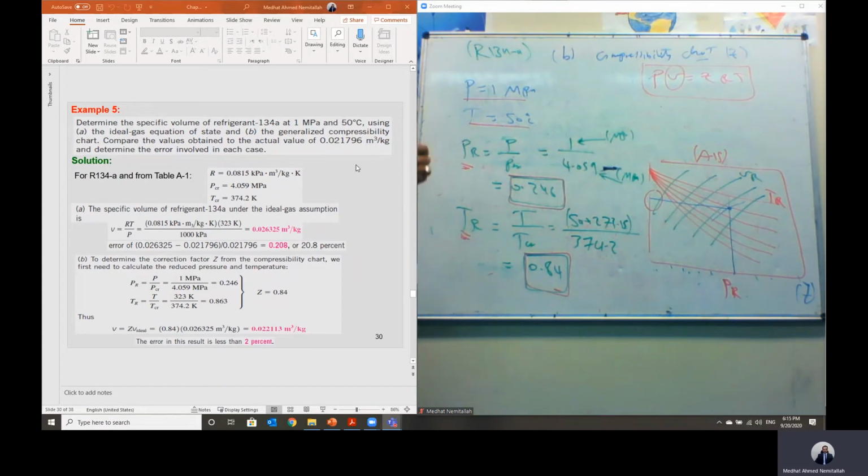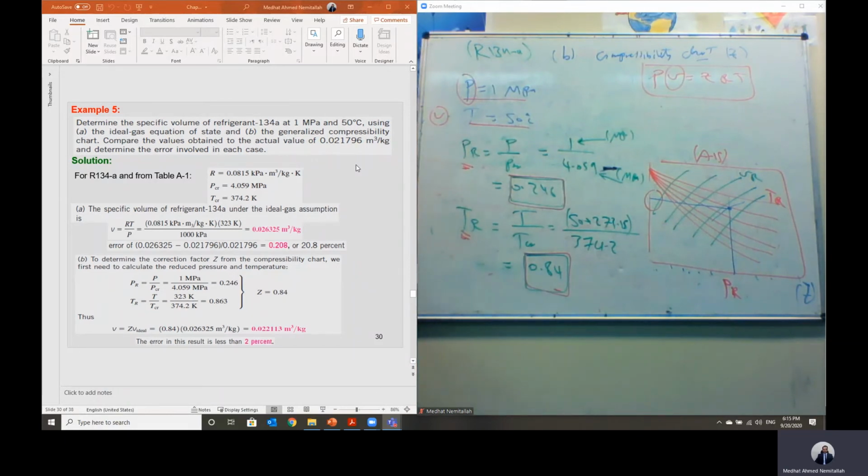But if we are given pressure plus the specific volume, then I will calculate the reduced pressure and the reduced specific volume, which is the specific volume V divided by V critical, and V critical is equal to RT critical divided by P critical. P critical, T critical and the value of R are all given in table A1 for different gases.